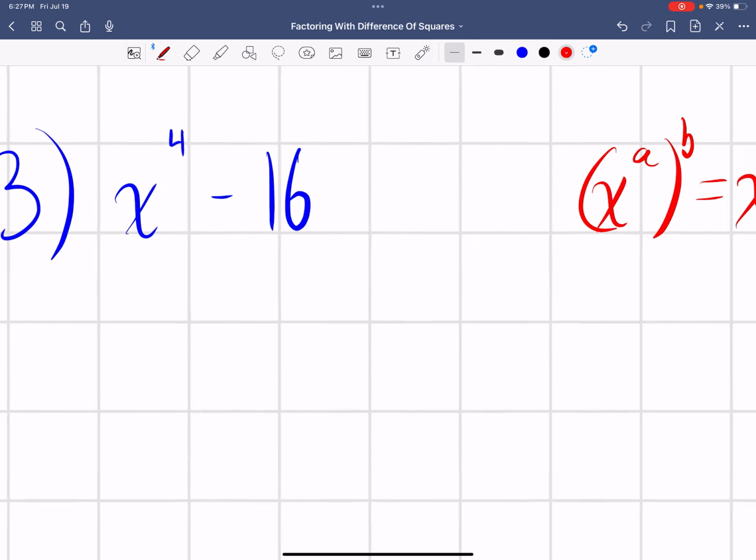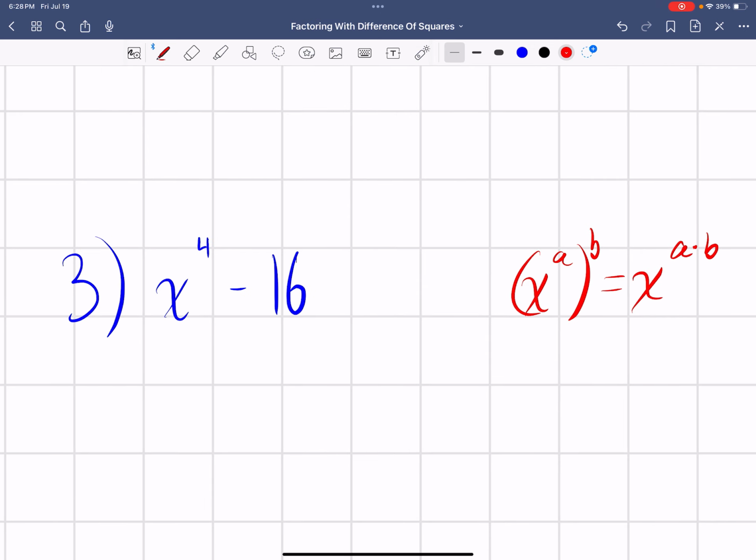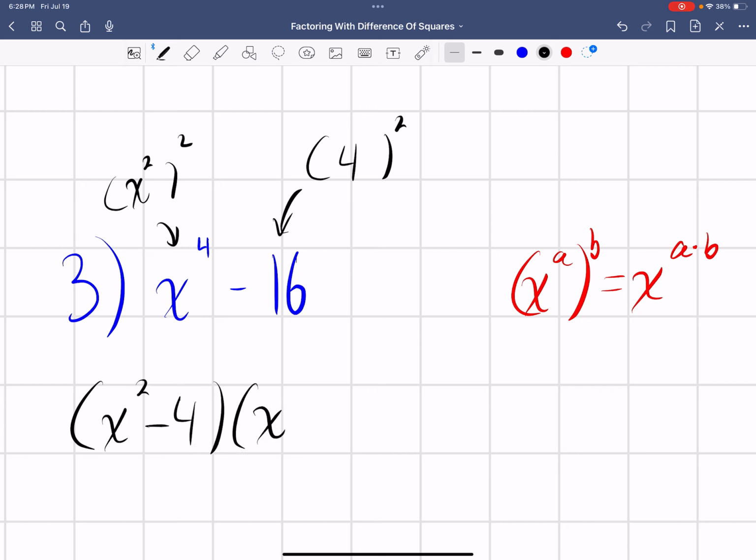And so the question then is, what squared gives us x to the fourth? And the answer, thinking about that exponent rule, is just x squared. What squared gives us 16? 4. What are our factors? That's just going to be x squared minus 4 and x squared plus 4.